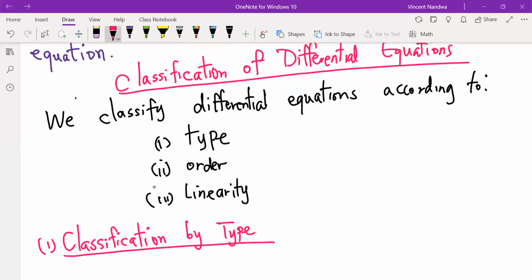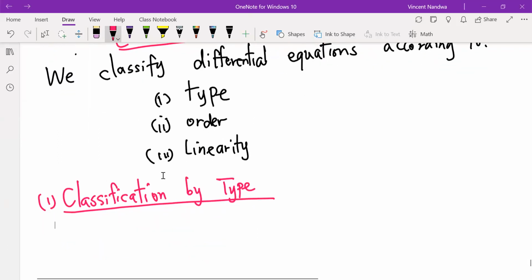So majorly, there are two types of differential equations, what we call ordinary differential equations and partial differential equations.